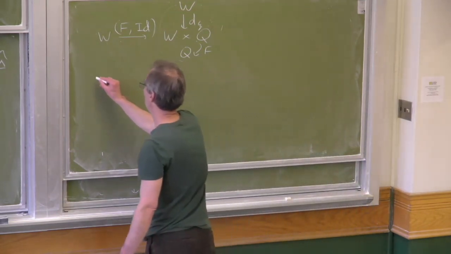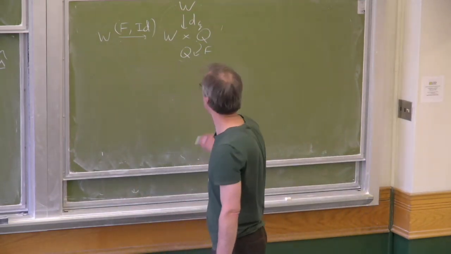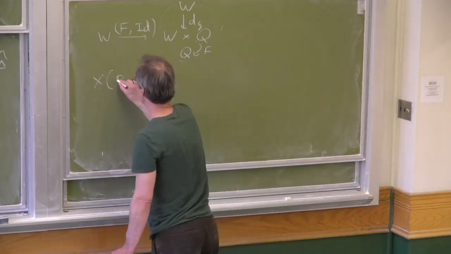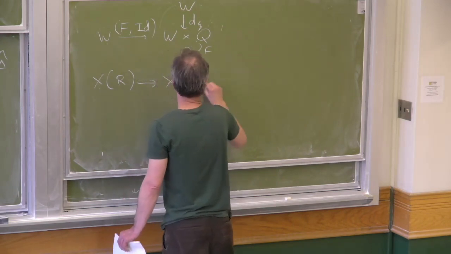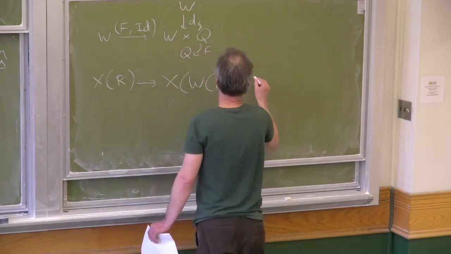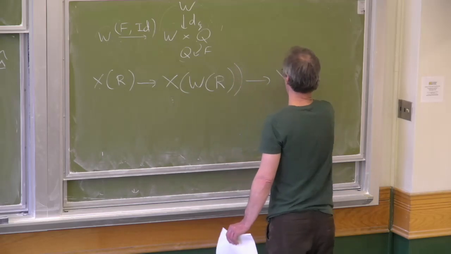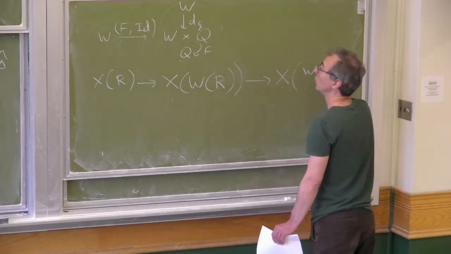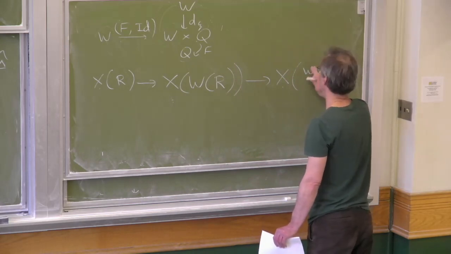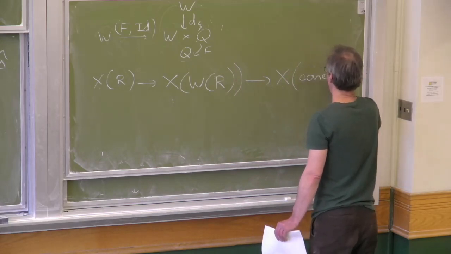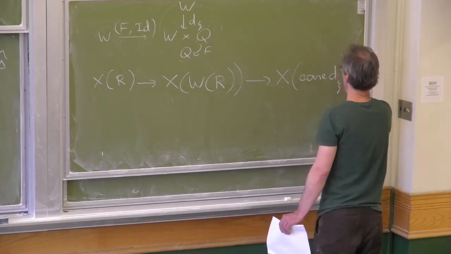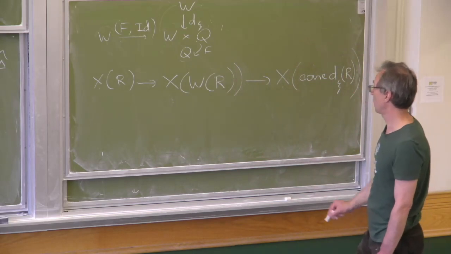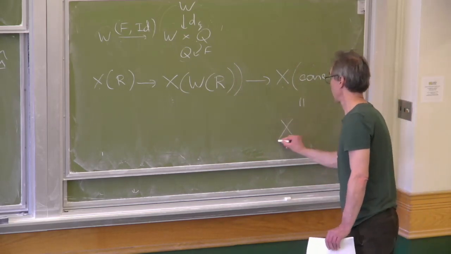Yeah, so I was able to write down your definition of the map from X of R, maps to X of W of R, maps to X of W on C. That's precisely X placed.